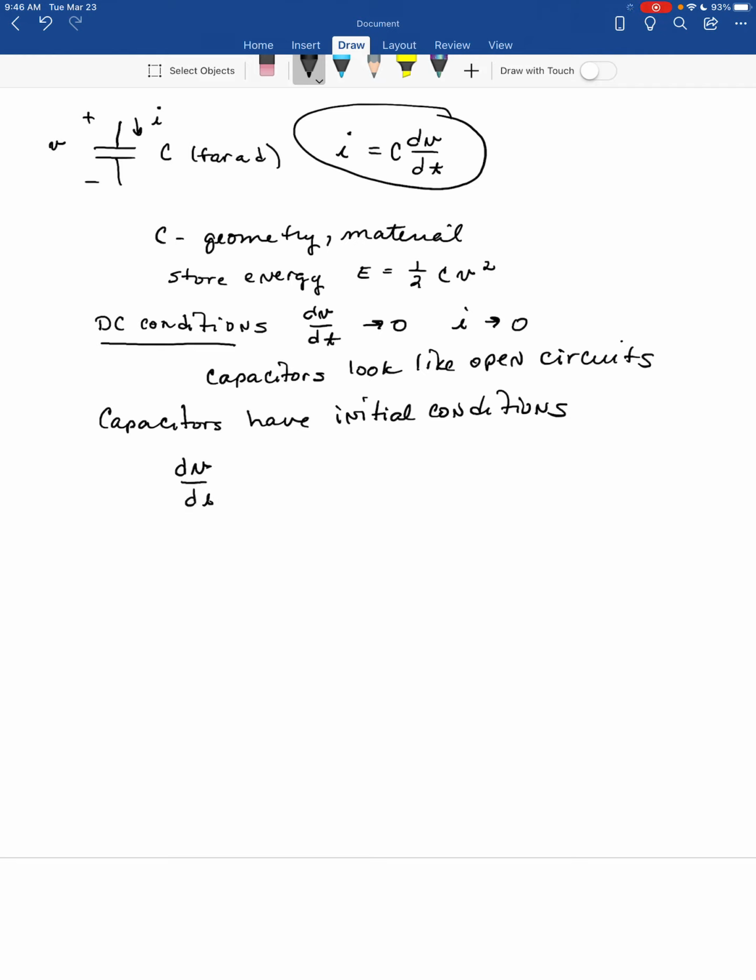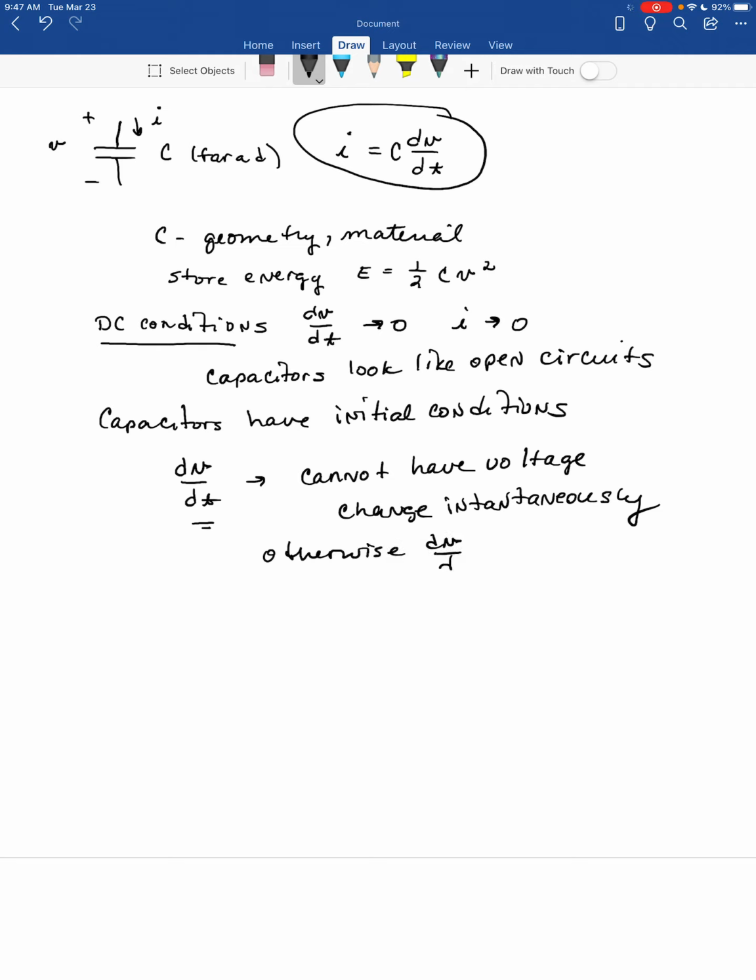Notice that dV/dt means you cannot have an instantaneous change in the voltage in a capacitor. Because if you did have an instantaneous change, the derivative would go to infinity and become undefined. So the voltage on a capacitor cannot change instantaneously, it has to change slowly.